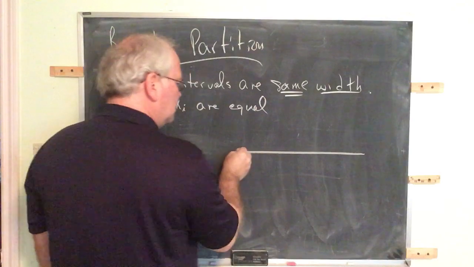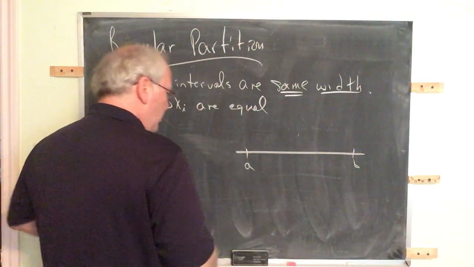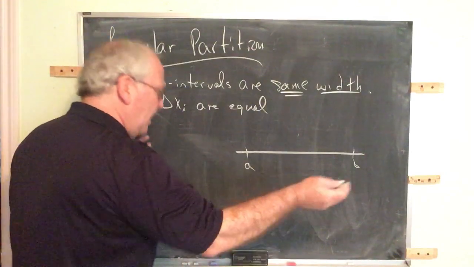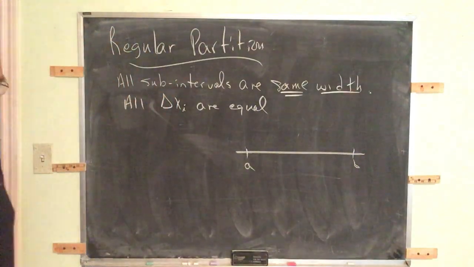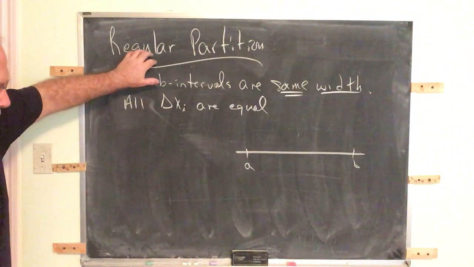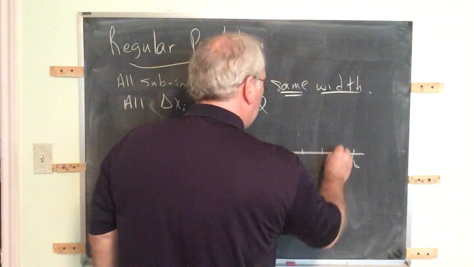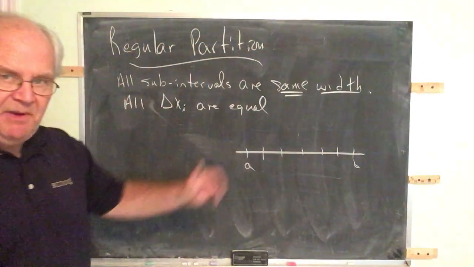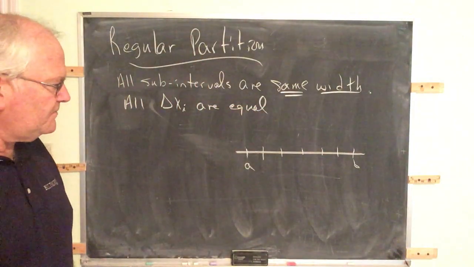So if this is A and B, when we make just a generic or a general partition, there's nothing that requires they be the same width. But if we have a regular partition, then the requirement is, however many you have and however bad my picture is, the subintervals must all be the same size.